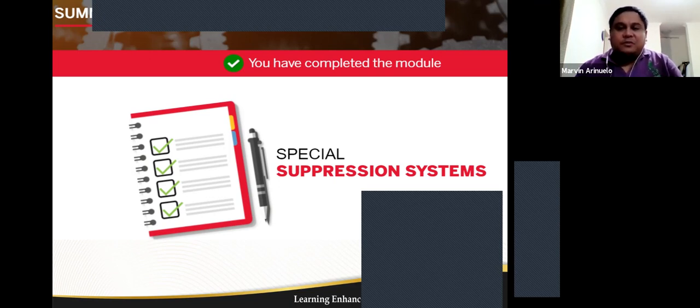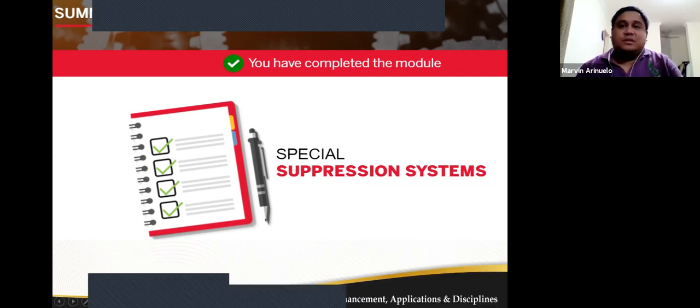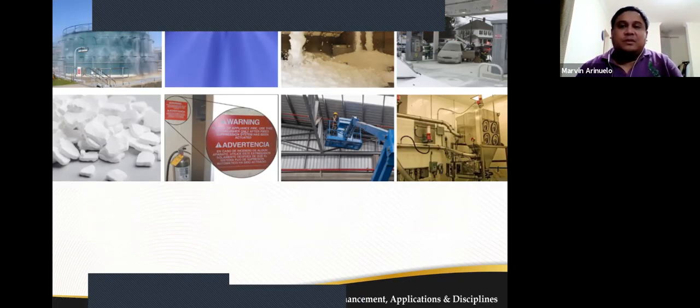We also identified the features and characteristics of special hazards related to the use of gaseous fire extinguishing agent, and we became acquainted with the maintenance and inspection for this special type of suppression system. And finally, we also discussed explosion prevention and the use of deflagration suppression system. Okay. So far, that's all for this topic.